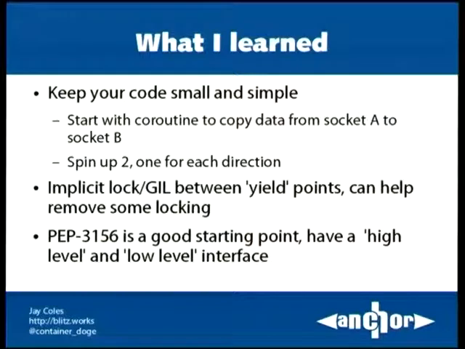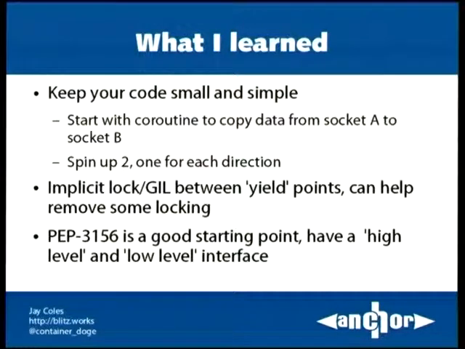I ended up having a lot of really odd blocking behavior where if one side was blocking on a read, the data going the other direction wasn't going across the wire until data came in from the other side. And yeah, just try and avoid that. Just basically try and make your coroutines focus on a single specific task. So as you can see, just make a coroutine that copies data in only one direction rather than both directions, and just spin up 2 of them.